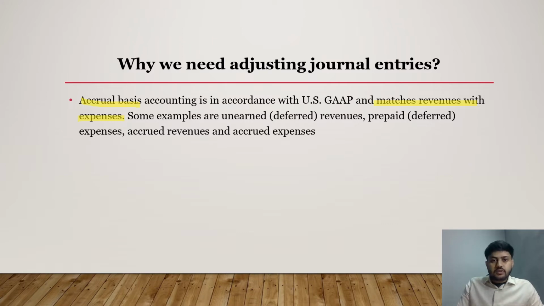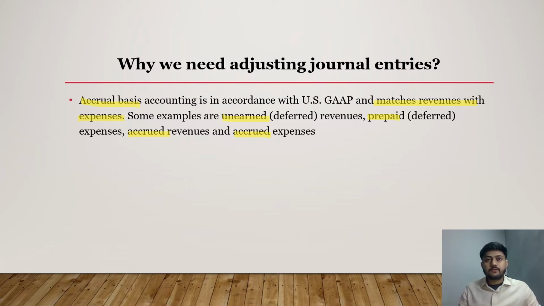So some examples of adjusting general entries are where we have unearned revenue, prepaid expenses, accrued revenue, and accrued expenses. Before explaining these terms to you, I will tell you that every transaction has two aspects. One is when the cash is received or paid, and the other is when that revenue or expense is actually incurred.